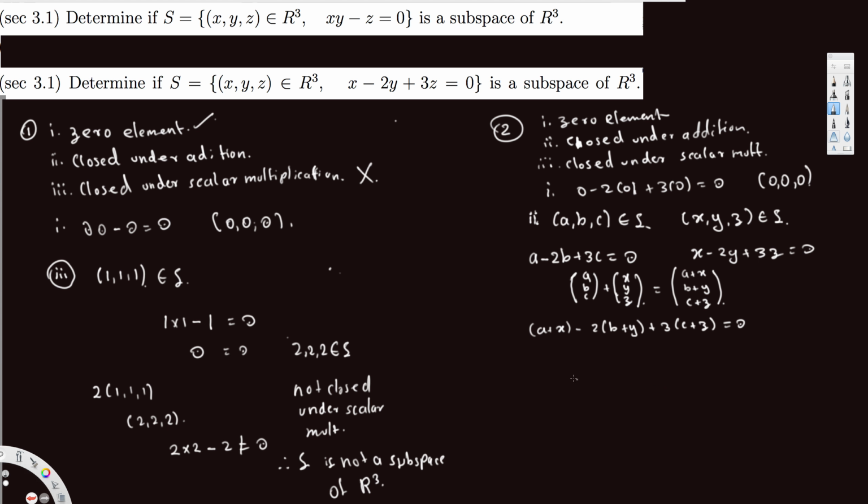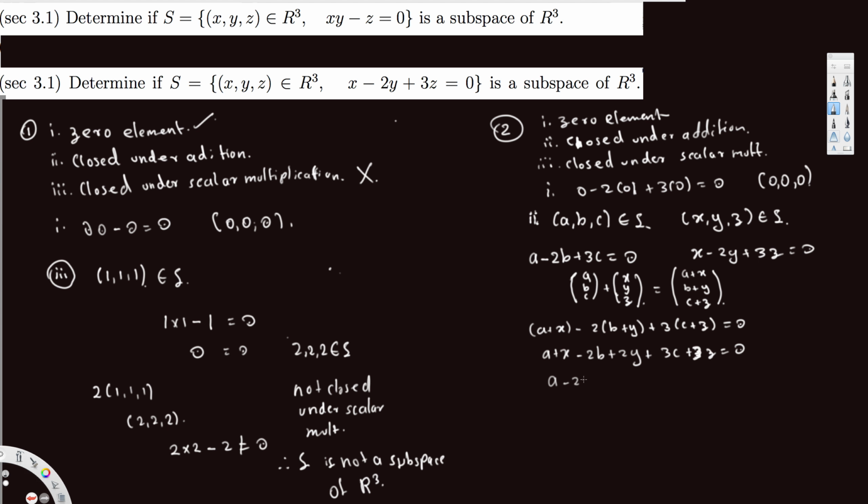Let's see whether it is true. First let's get rid of the brackets: a plus x minus 2b minus 2y plus 3c plus 3z equal to 0. Now I have to rearrange this to bring out this pattern.